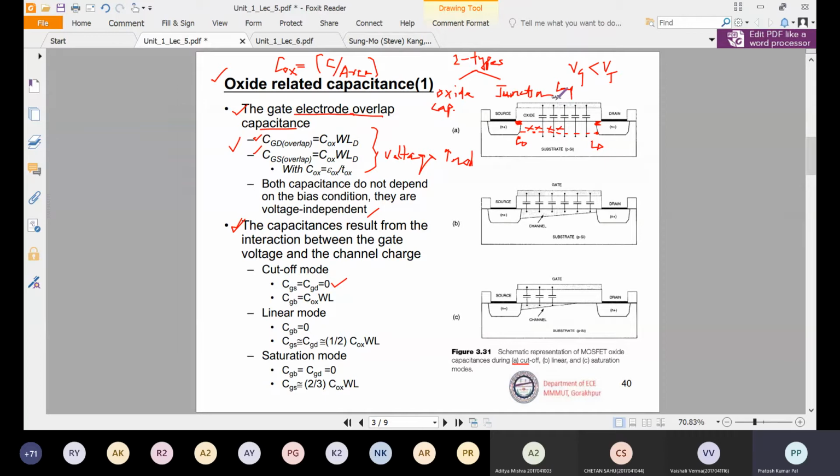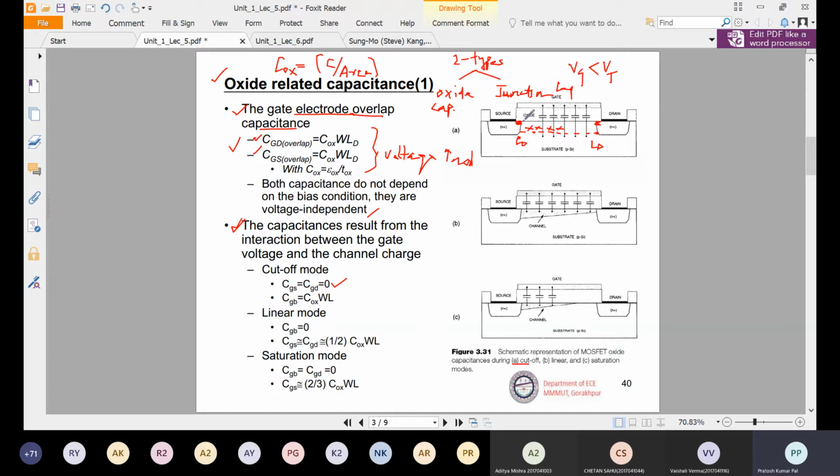CGB, that is gate to body. So what will the gate to body capacitance be when the MOSFET is working in the cutoff region? This complete region, the channel region, even though there is no channel, will still exhibit a capacitive property.